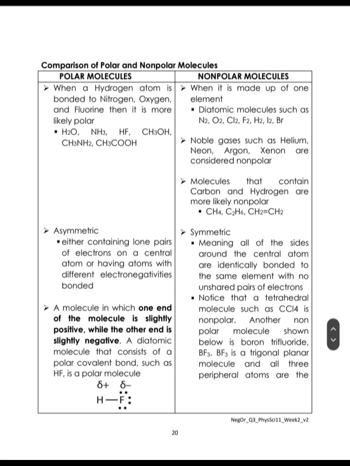They are symmetric, meaning all of the sides around the central atom are identically bonded to the same element with no unshared pairs of electrons. Notice that a tetrahedral molecule such as CCl4 is nonpolar. Another nonpolar molecule shown below is boron trifluoride, a trigonal planar molecule in which all three peripheral atoms are the same.